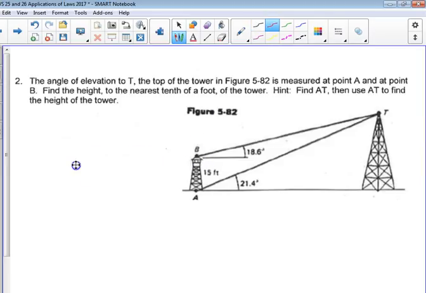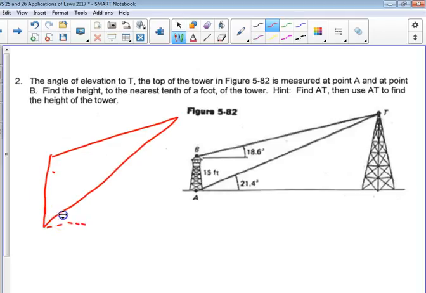Okay, so I'm going to exaggerate the picture a little bit, okay? If this is 21.4, 68.6, okay, thank you, because that makes a 90. This is supposedly making a 90 of the ground here.